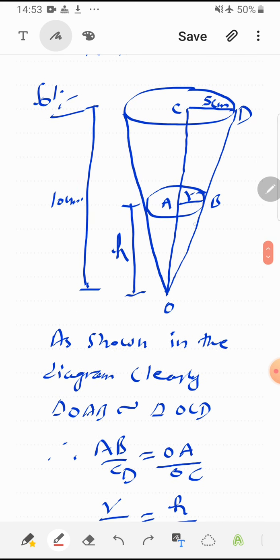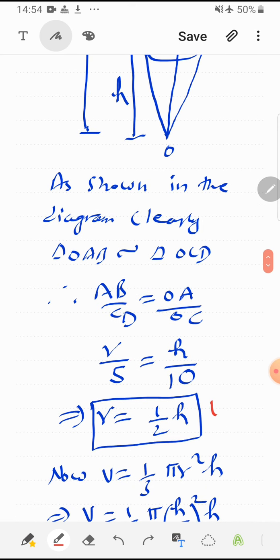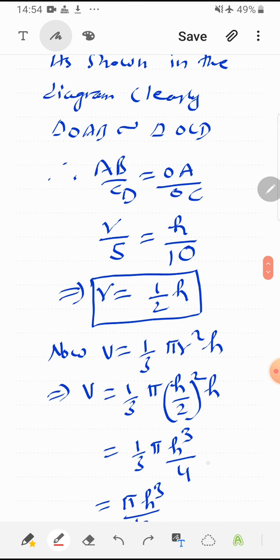Clearly these two triangles are similar, and as triangles are similar, their sides must be proportional. Putting the values, r by 5 is equal to h by 10, so there is a relation between r and h. Now v is equal to 1 by 3 pi r square h. I am putting the value of r here, so that now the function is a single variable function.